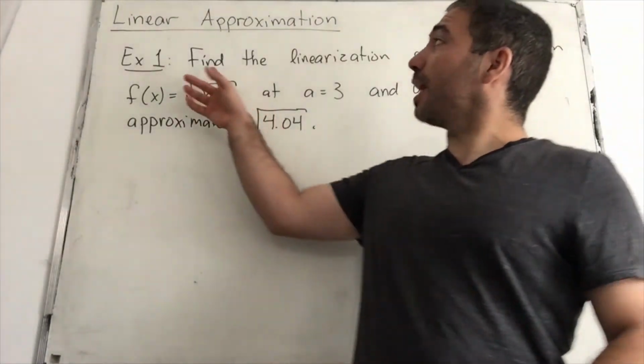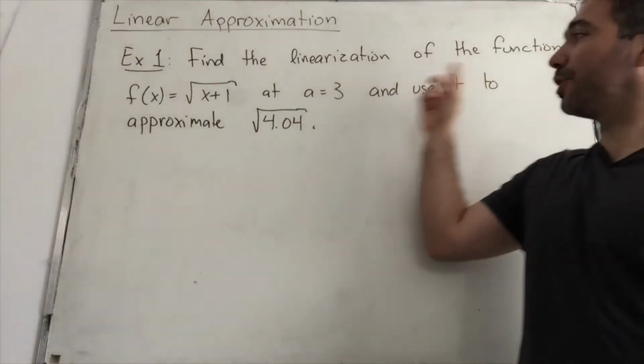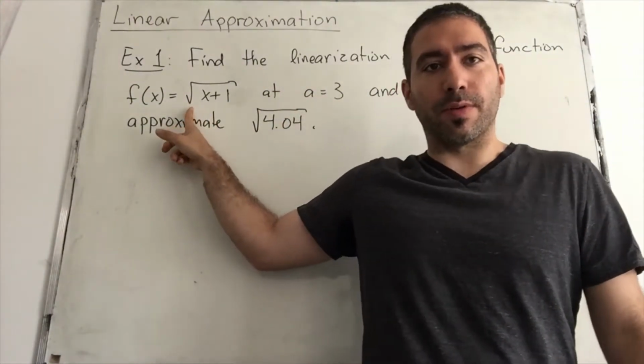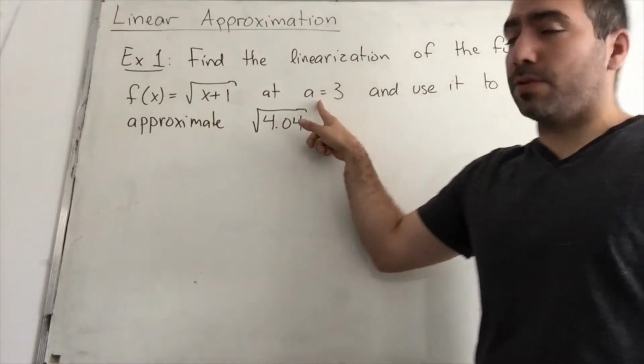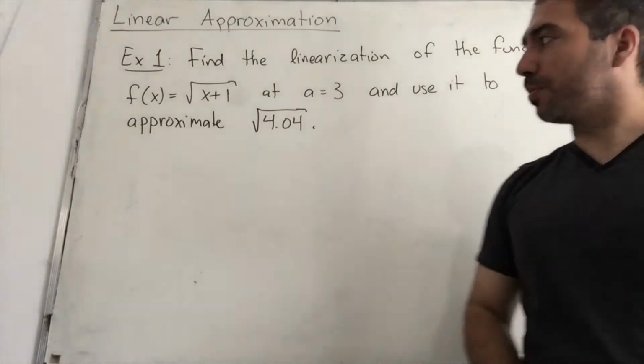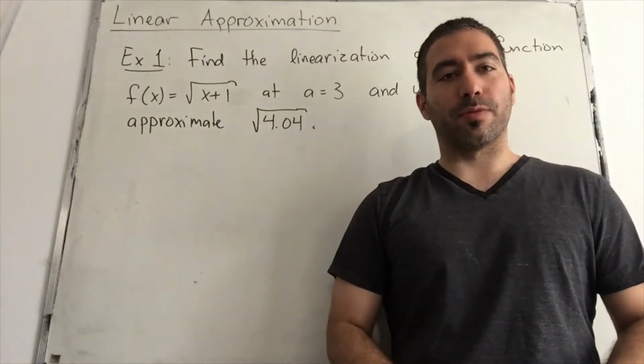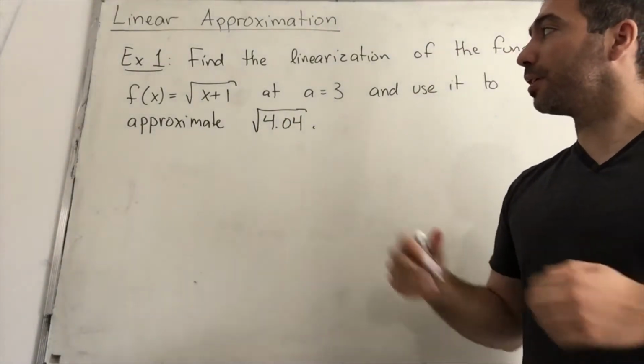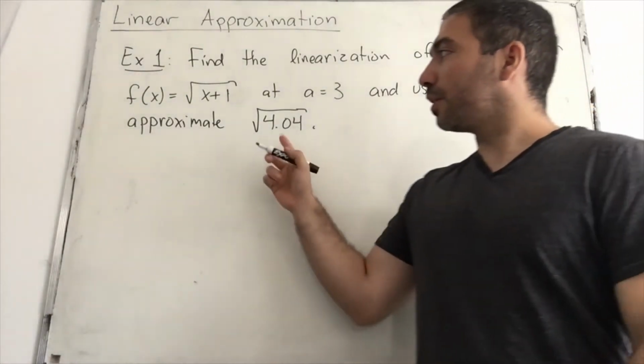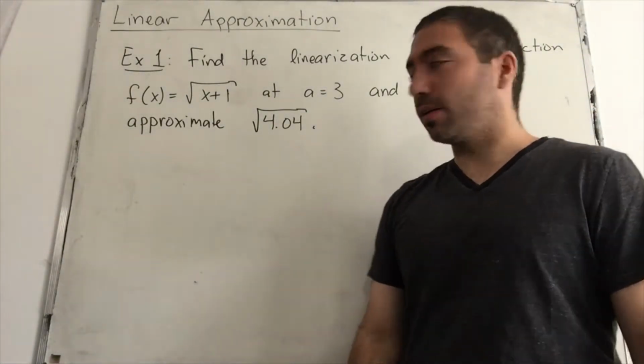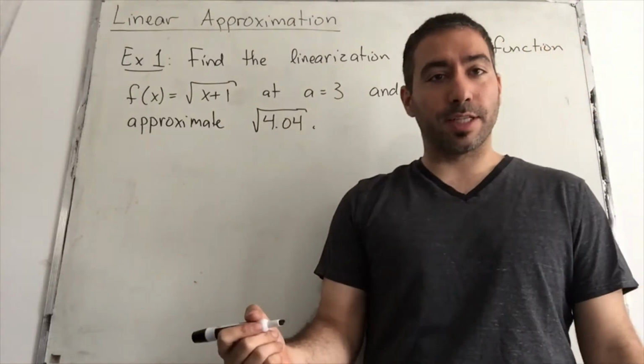So in this example, it asks us to find the linearization of the function f, which is given as the square root of x plus 1, at the value A equals 3, and use it to approximate the square root of 4.04. So let's use this function to solve this without a calculator. The first thing we're going to do is use our linearization formula.